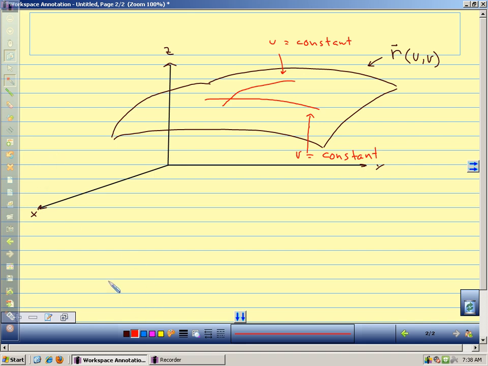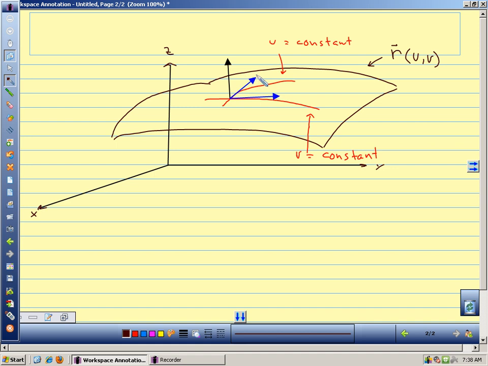So let me draw a vector in here. Or sorry, not a tangent vector, that's going to be our normal vector. And let me do my tangent vectors in blue. This is our tangent vector this way, and we have a tangent vector this way.